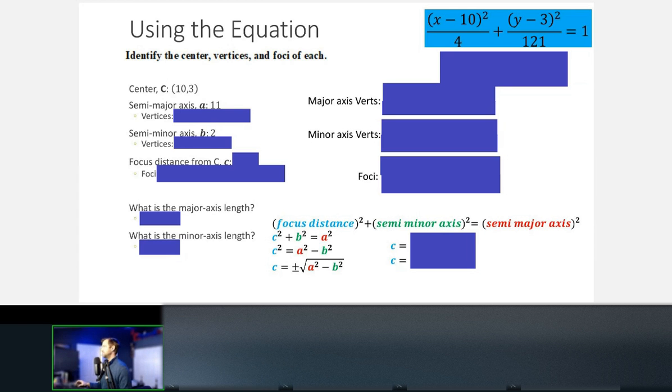What is the C value? 3 radical 13. Okay. Right. How did everyone do so far on pulling out that stuff? Good. Good. The rest should be somewhat easy.